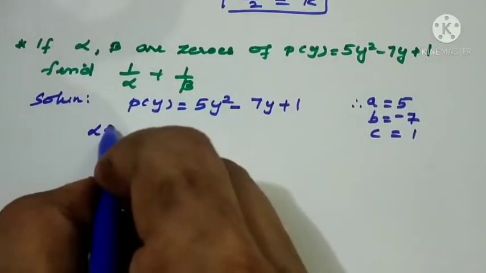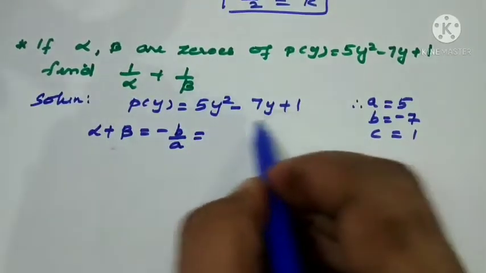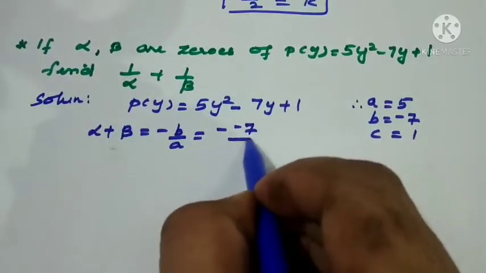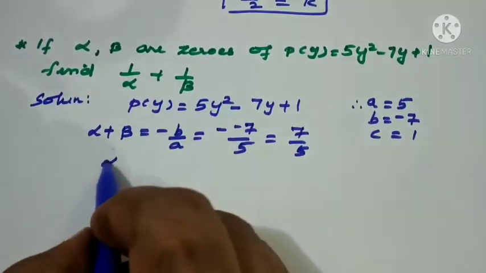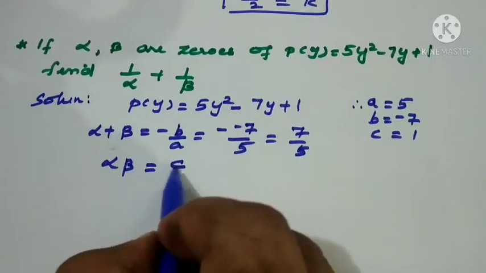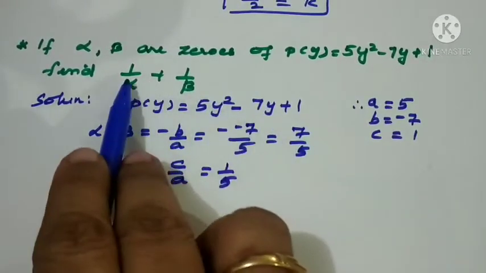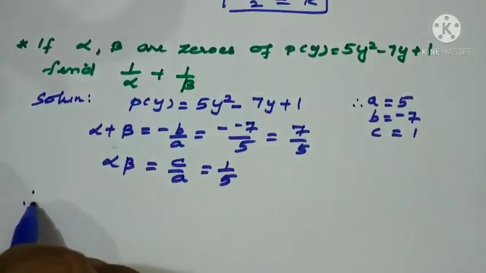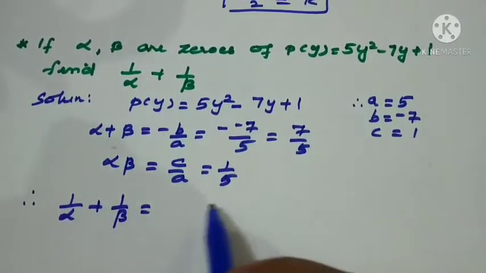Now what is the sum of the zeros formula? Minus B by A. That means minus of minus 7 divided by 5, which is equal to 7 by 5. What is the product of the zeros? C by A. That means 1 by 5. Now what value do we have to find out? Therefore, 1 by alpha plus 1 by beta means we should take the LCM.